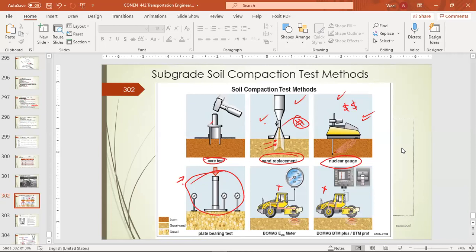The nuclear gauge is more reliable, but it's actually very expensive to have this equipment, and we might use it only in critical sites. Okay, there is the plate bearing test, and there is the Bomag EV. That's also a dynamic kind of testing for compaction and density.